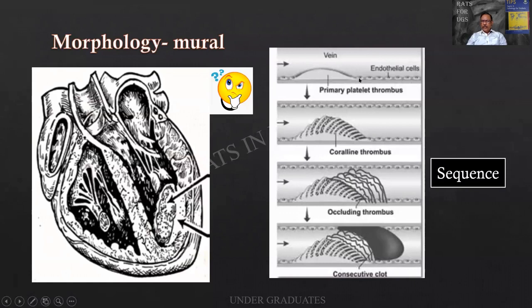I don't think it should be difficult. Injury to the endothelium, formation of a platelet thrombus, platelet and fibrin alternating with RBCs, forming a coralline thrombus. Then there is a propagation of it. There can be a detachment and embolization. This we shall again be seeing. I very strongly believe repetition is the mother of knowledge.